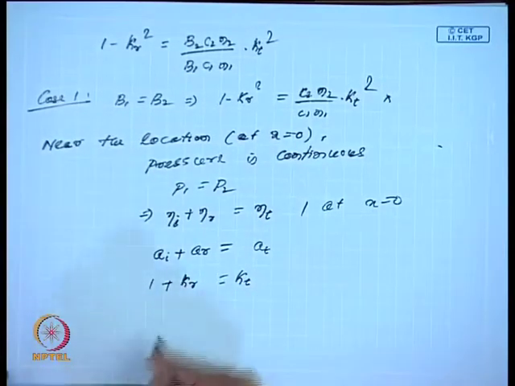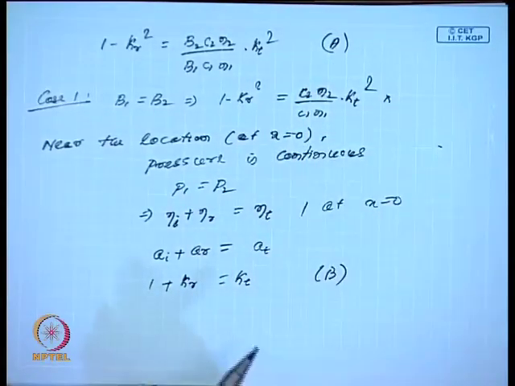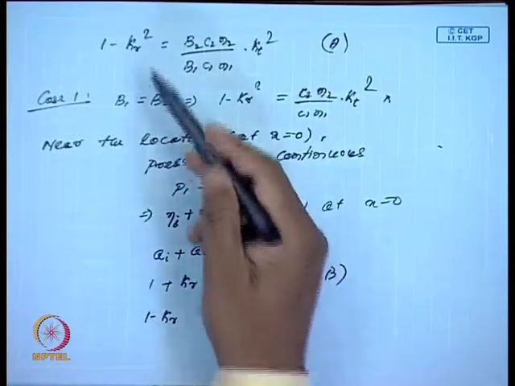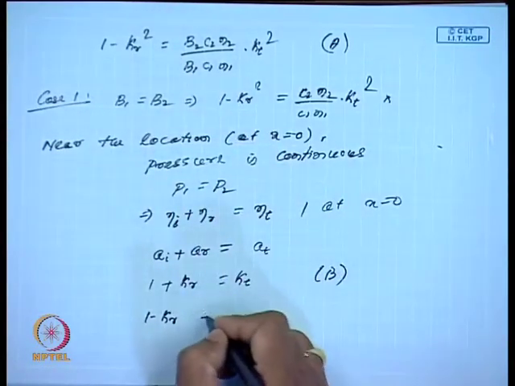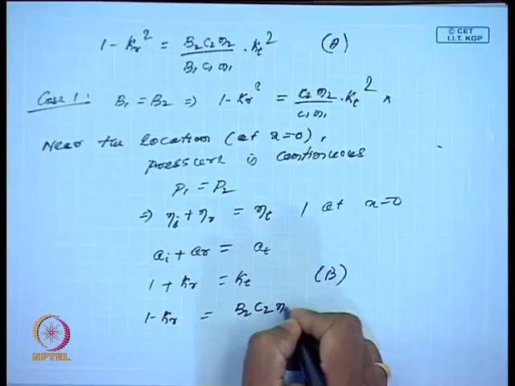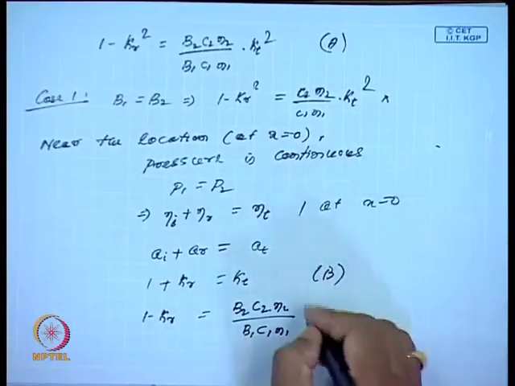So we have already got another relation, from A and this is B. From A and B I can always get 1 minus K_R: if I divide by 1 plus K_R, I get 1 minus K_R is B_2 C_2 n_2 by B_1 C_1 n_1 into K_T.